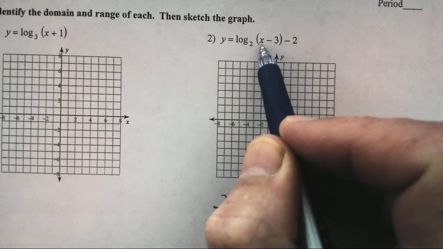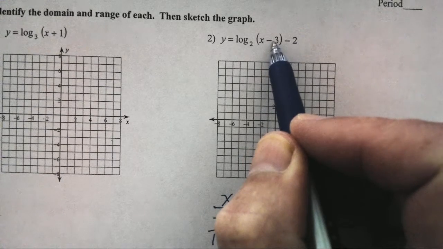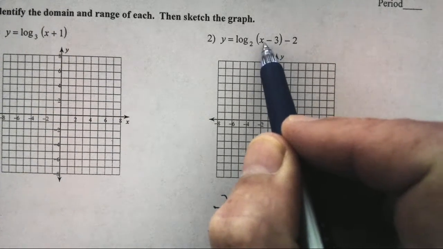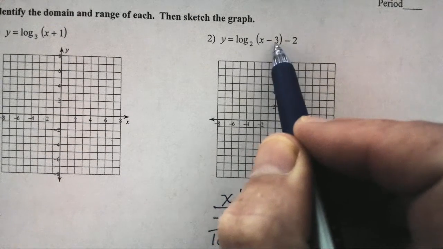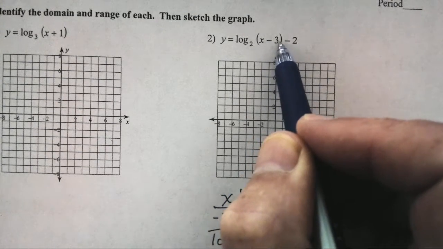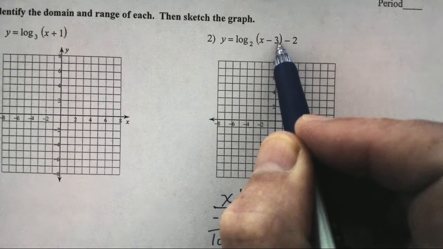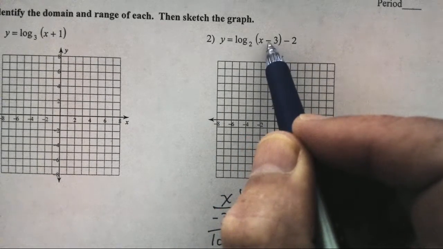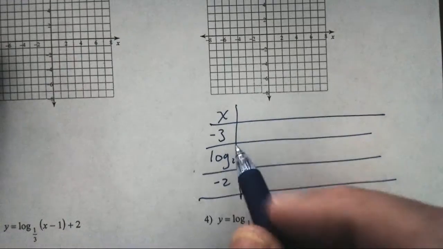Because if I choose, say, x to be 8, then I get log base 2 of 5. That's the exponent that turns 2 into 5. I don't know. I want to choose values for x minus 3. Like I might want x minus 3 to be 8, because log base 2 of 8 is the exponent that turns 2 into 8. That's 3.